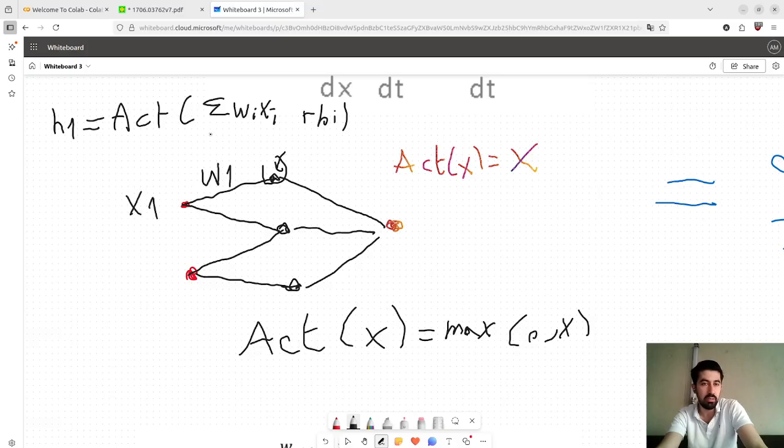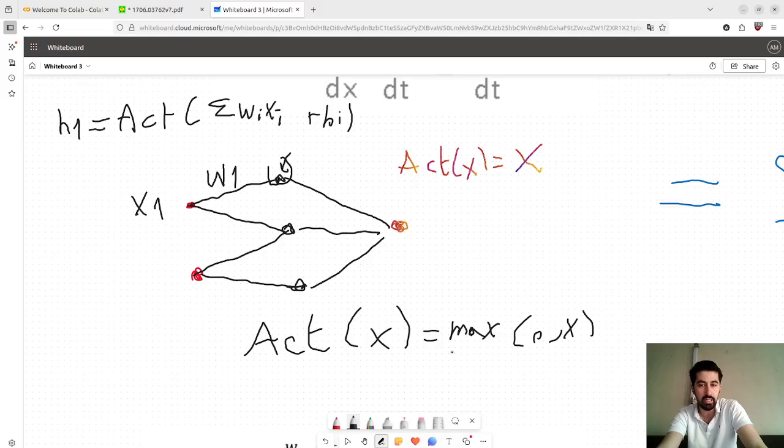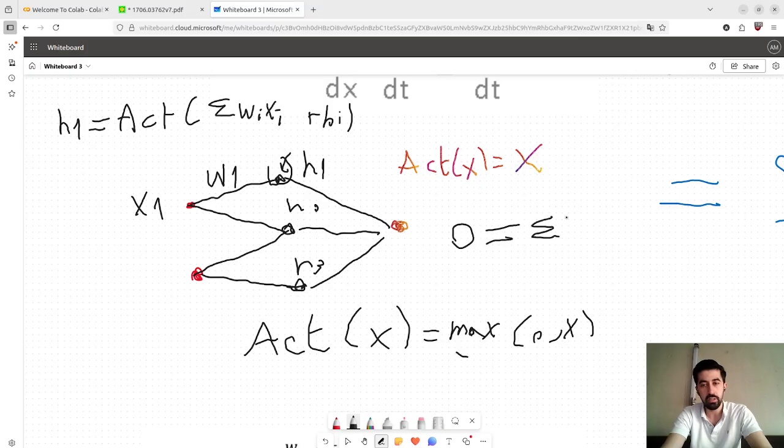We add B1. Then we do the activation function. In the example over here, I put the activation function in the hidden layer as the maximum between 0 and X. And then after we calculate H1, H2 and H3, to calculate the output, we do output is equal to summation Hi Wi plus Bi, as I explained just now, and we apply the activation function of the output layer.